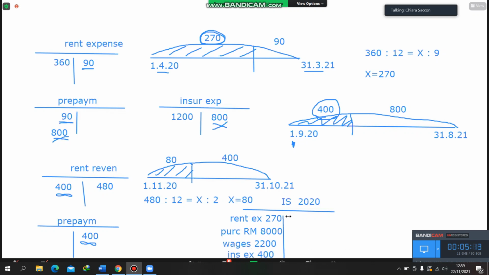And then on the opposite side, we have the sales of finished goods for 18,000. And then we have the rent revenue. Oh, sorry. Sales of, okay, I write sales here. And then we have the rent revenue, 80.